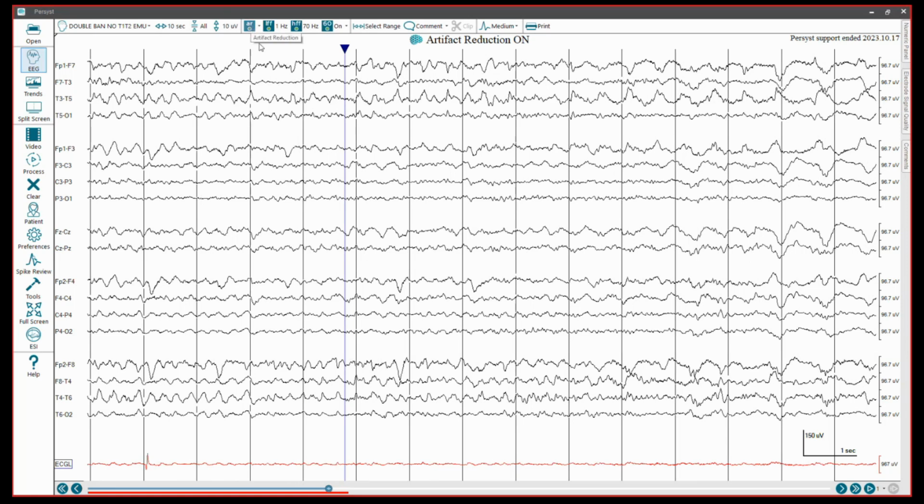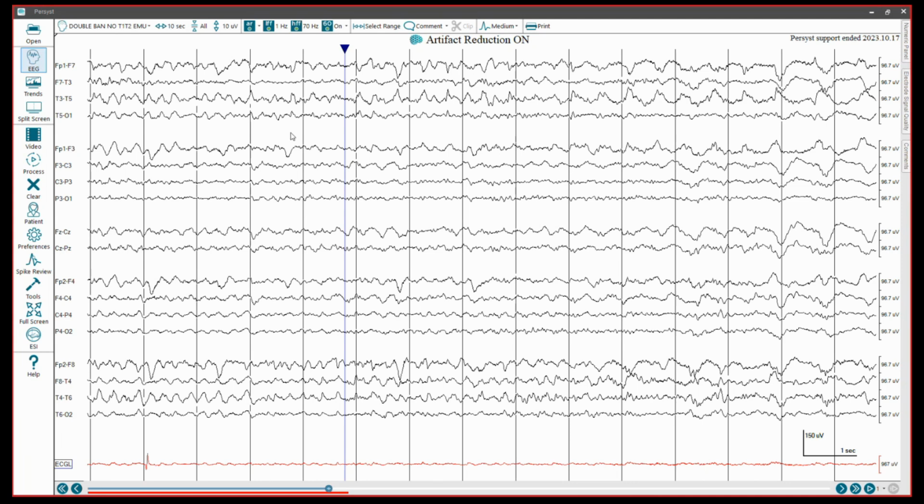EMG artifact is around 50 hertz. Well, spikes can also be around 50 hertz. Spikes are from 20 to 70 milliseconds. A 20 millisecond spike, if you convert 20 milliseconds to seconds, 0.02, take the reciprocal, you get 50 hertz.